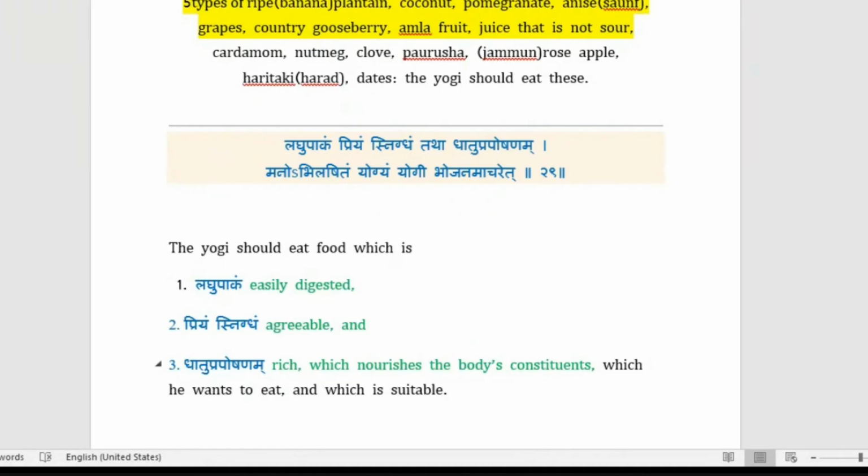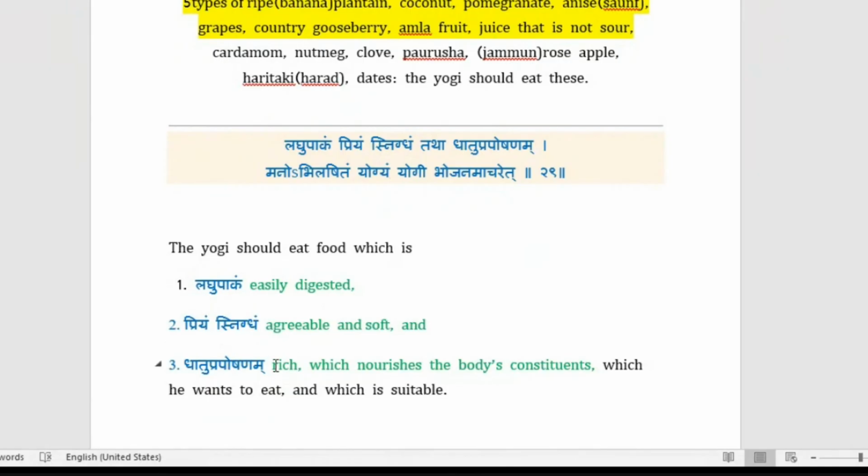Laghu pakam, which is easily digested; priyam snigdham, which is agreeable; and dhatu poshanam, which nourishes our body. Very good. Sadanandan ji? Laghu pakam, easily digested; priyam, agreeable; and dhatu poshanam, rich and nourishing body constituents, which he wants to eat and which is suitable.